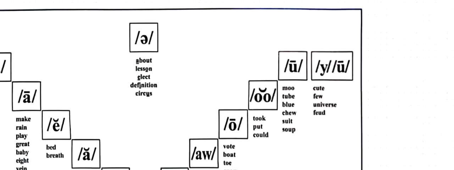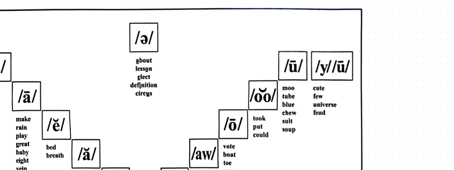Cute, few, uni, universe, food. So this makes a U sound. And here we have this sound, about, lesson, elect, definition, circus.